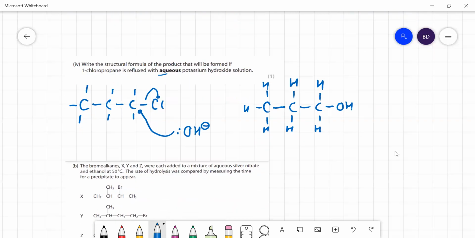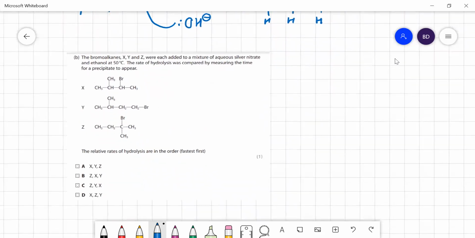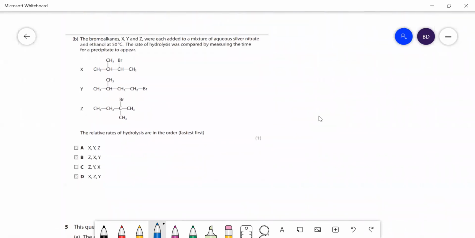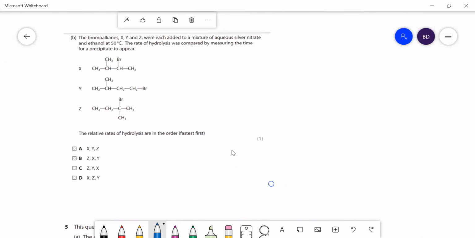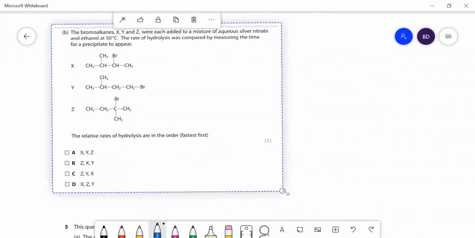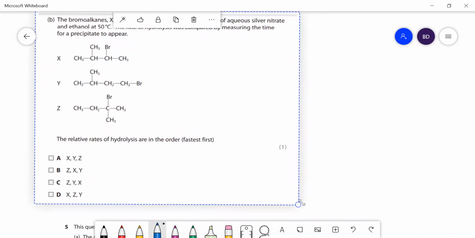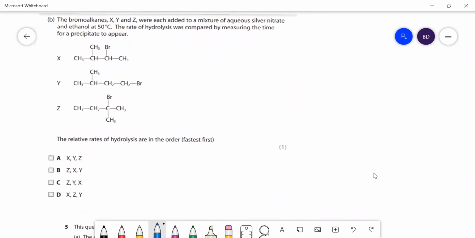Right, now this question is about the relative rates of hydrolysis. I'll make this a tiny bit bigger. Bromoalkanes X, Y, and Z were added to a mixture of aqueous silver nitrate and ethanol at 50 degrees C. The rate of hydrolysis was compared by the time for a precipitate to appear.